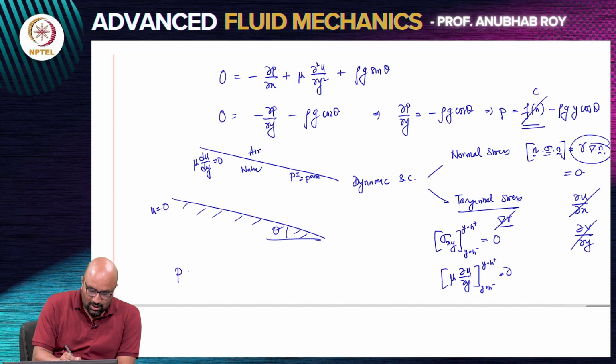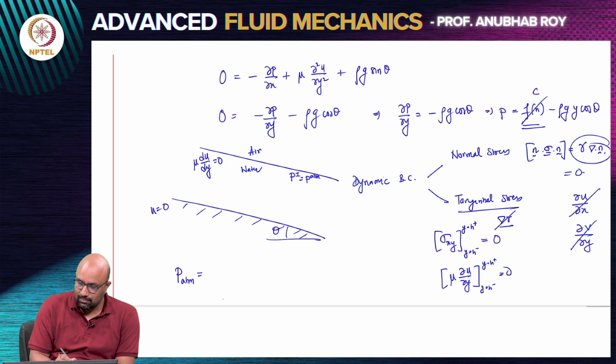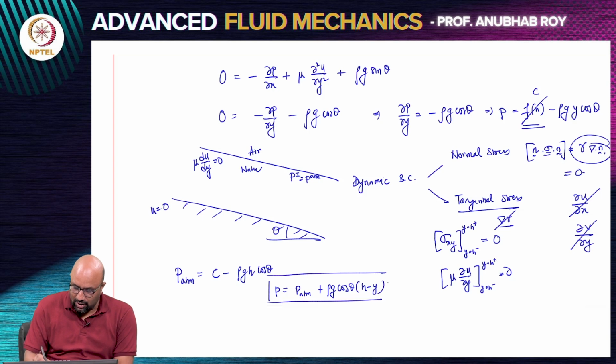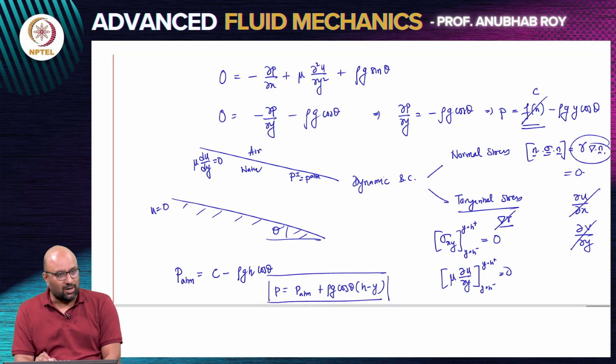So pressure at the interface is P atmospheric, which is now a constant, minus rho g h cosine theta, which gives me that the value of pressure is P atmospheric plus rho g cosine theta times (h minus y). So, there is a pressure that you have from the hydrostatic balance in this problem, and that pressure is not going to drive any flow because the interface is exactly flat.